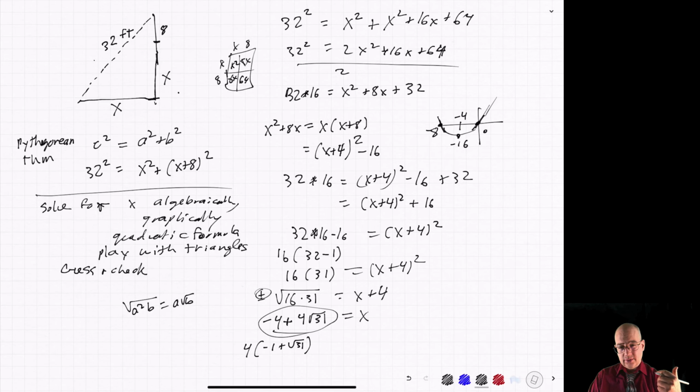Slightly closer to 36, so the square root of 31 is between 5 and 6, slightly closer to 6, so maybe like 5.6. Subtract 1, you get 4.6, and 4 times 4.6 is something like 18.4. I've rounded, so it's probably a bit off.